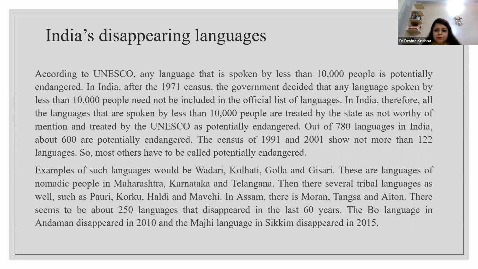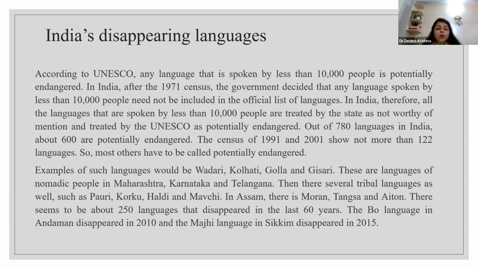I'm talking about the census of 1991 and 2001, how they show not more than 122 languages. So most of the languages have been called potentially endangered. I've given some examples here, like Vadari, Kolhati, Gola, and Gisari.